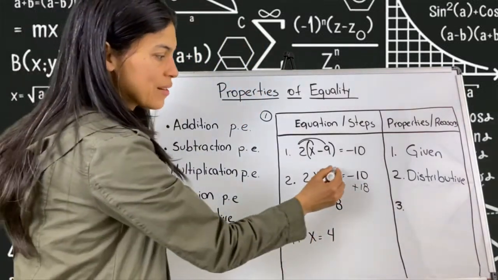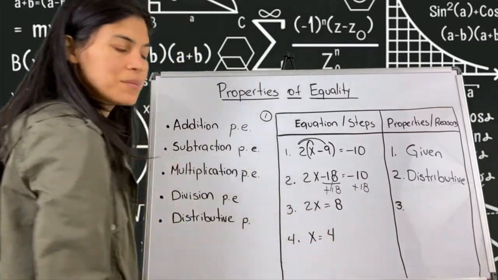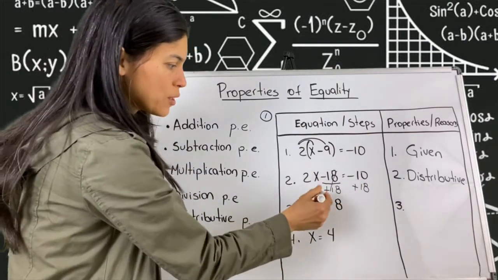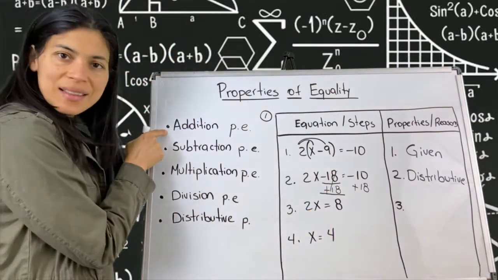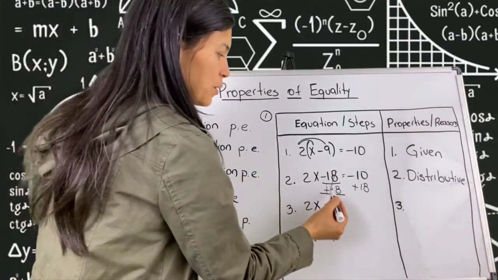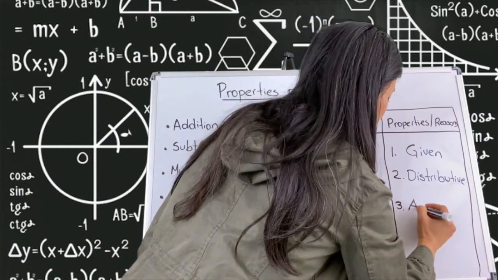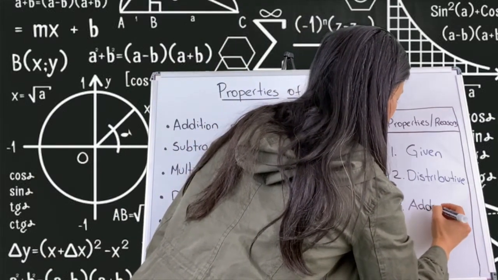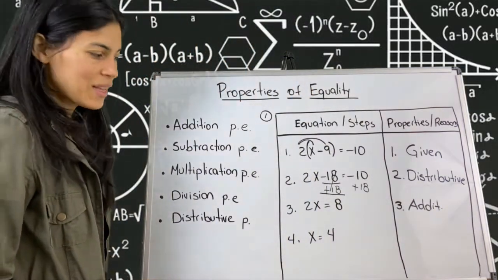And that's why they got rid of this. And then negative 10 plus 18 gave them 8. So if they put a plus 18, the property is the addition. They use the addition property of equality. They put plus 18 on both sides. So in the third step, they use the addition property of equality.